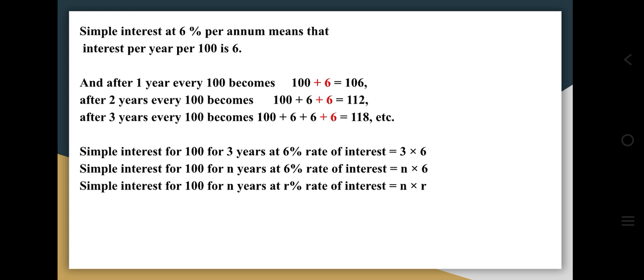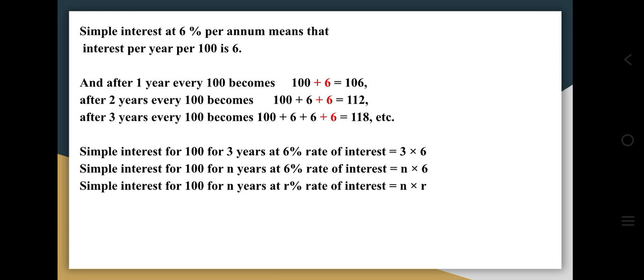Simple interest at 6% per annum means that interest per year per the amount 100 is 6. So if we invest an amount 100 at 6% per annum, then the interest per year is 6.